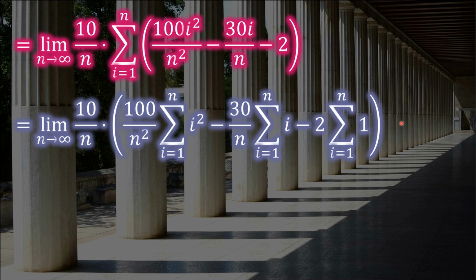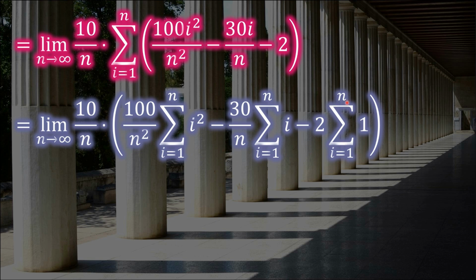The worst part depends on what feels like the worst part of this to you. Pulling this 10 over n out really helps. Pulling out my individual constants definitely helps, but now I need to actually apply those formulas.